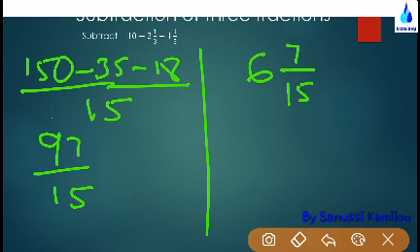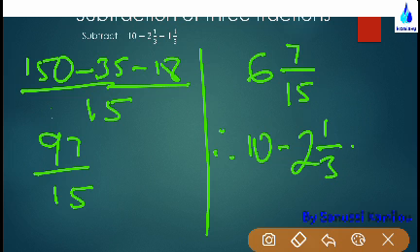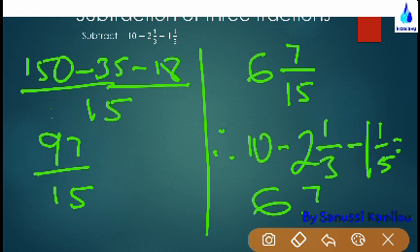That will be our final answer. And don't forget that you need to conclude by saying, therefore 10 minus 2 whole number 1 over 3, and then minus 1 whole number 1 over 5 equals 6 whole number 7 over 15.